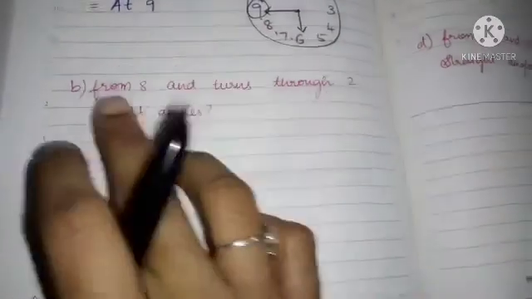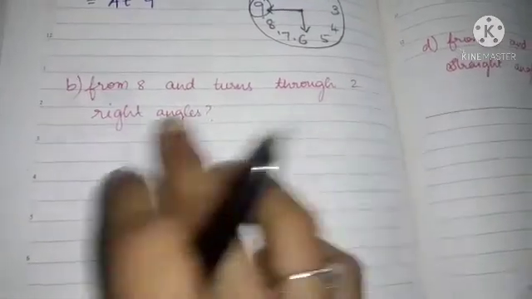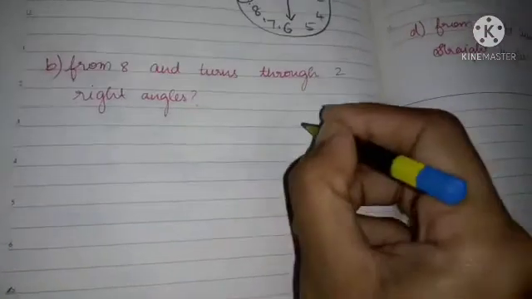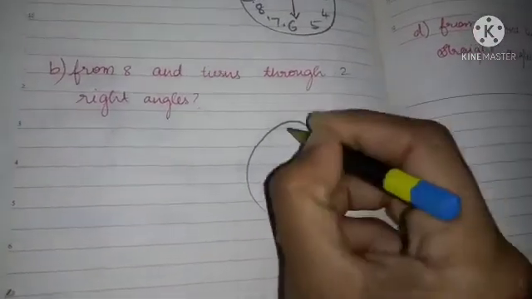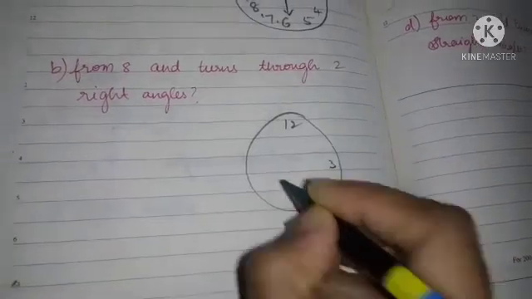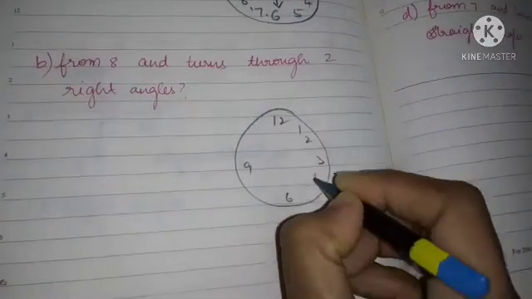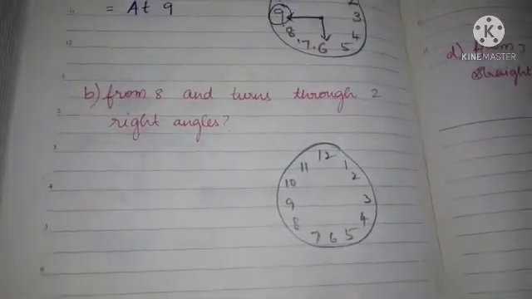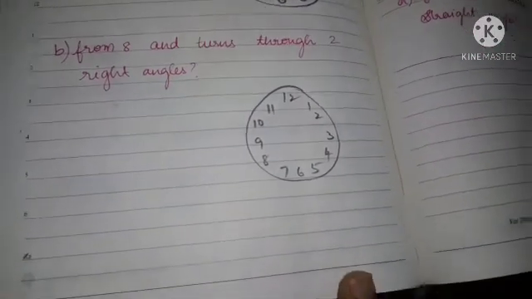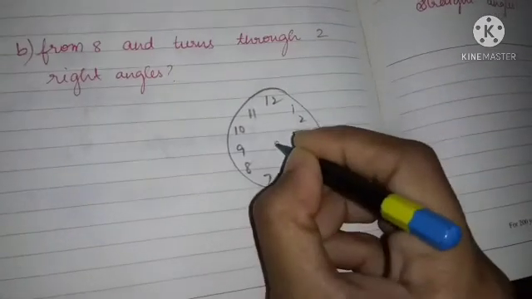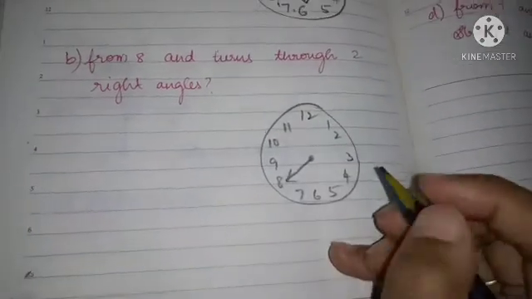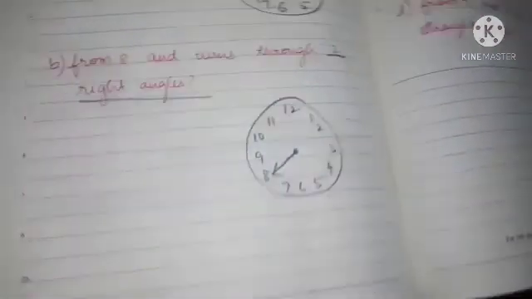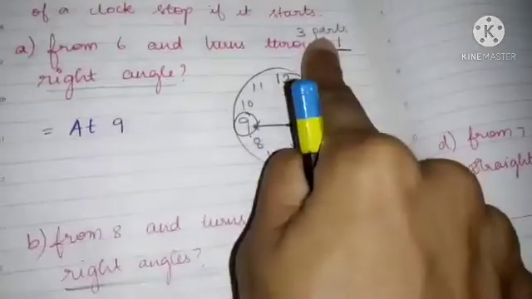Next, from 8 and turns 2 right angles. So again we should draw the clock. 12, 3, 6, 9, 1, 2, 4, 5, 7, 8, 10, 11. So where are you now? You are at 8. So you should turn 2 right angles. 2 right angles means how many parts? For 1 right angle, 3 parts.